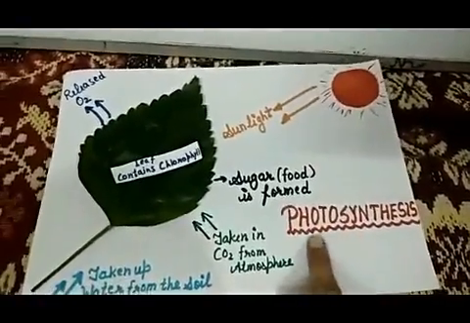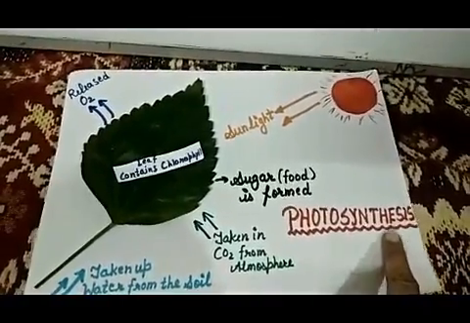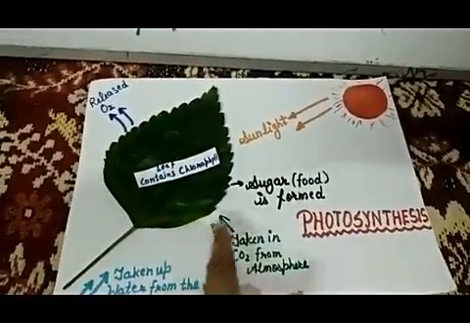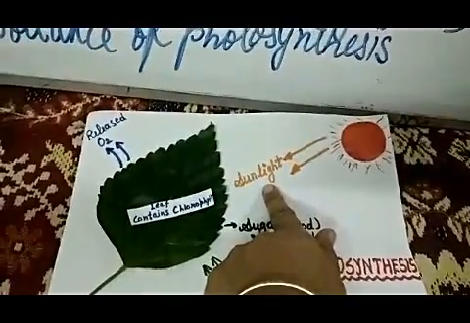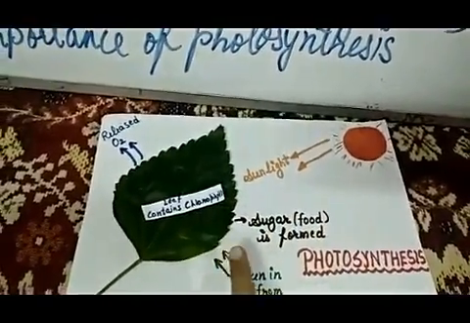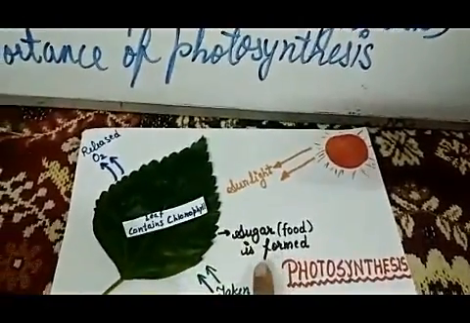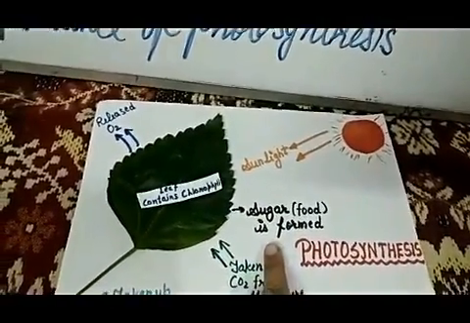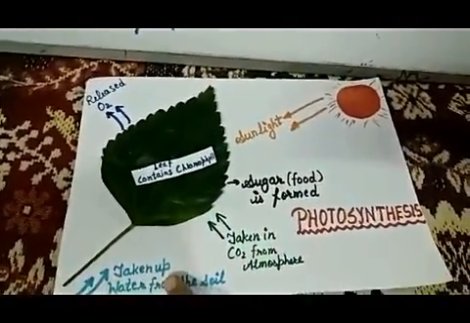Photo means light, synthesis means to combine. During this process, plants absorb sunlight from the sun through their leaves and convert it into food energy using raw materials from the atmosphere and soil.